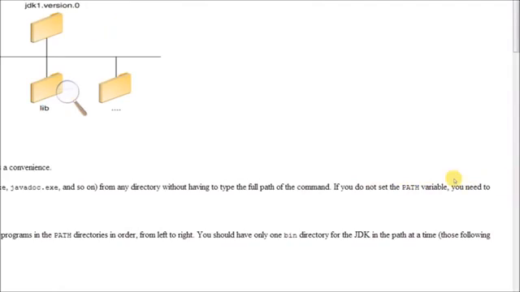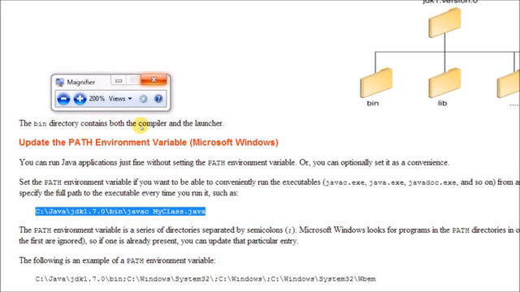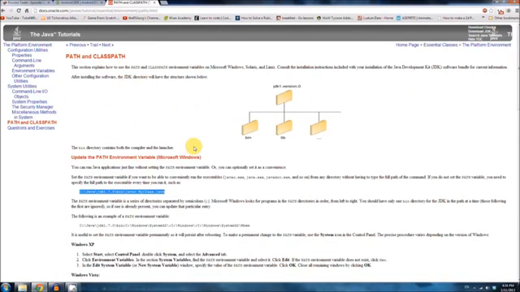If you don't set it, then you need to specify the full path every time, like this. So it looks like it has something to do with command prompt stuff, so maybe we didn't have to do it. I also heard that Eclipse users can get away with not doing it, but it's there if you're curious, and like I said, the only reason we're doing it is because everyone else does it, so just to be safe, we did it.